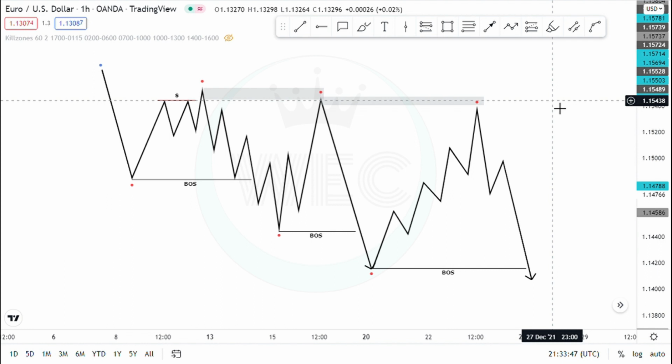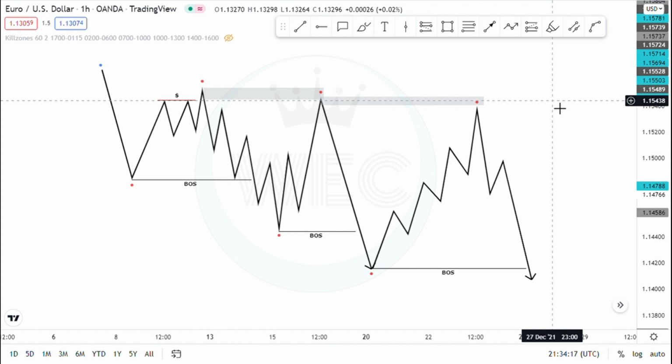Regardless of whatever concept you are trading, whether support and resistance, smart money concept, or chart patterns, structure is always king. If you understand structure, you are going to avoid certain mistakes. But if you understand structure and liquidity, you're going to avoid so many mistakes, and you're going to make very good decisions as well.